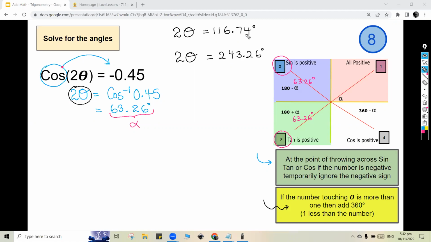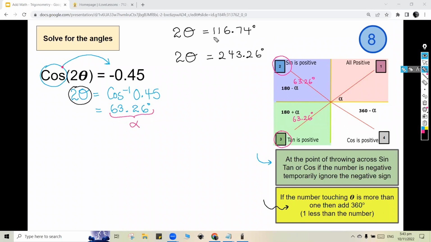You see these 2 answers. Before we divide by 2, what number do we have touching the theta? 2. How much is 1 less than that number? Well, 1 less than 2 is 1. So you see, to each of these answers, we have to add 360 once.